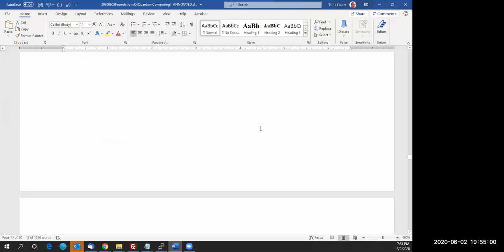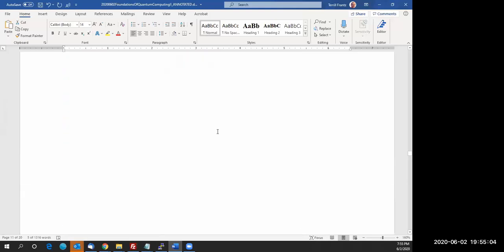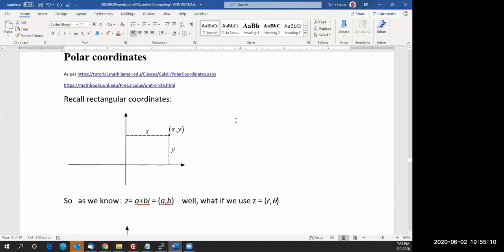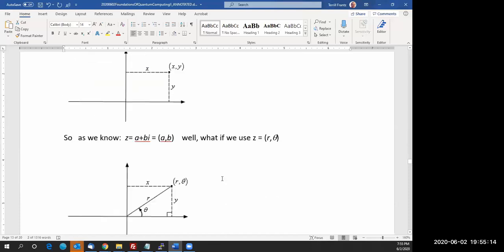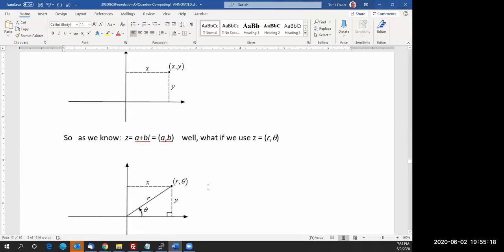So that's a pretty rough introduction to trigonometry and the functions, and they are important. So let me move on to polar coordinates. Polar coordinates are where we take the rectangular coordinates, and we start to refer to those points differently.